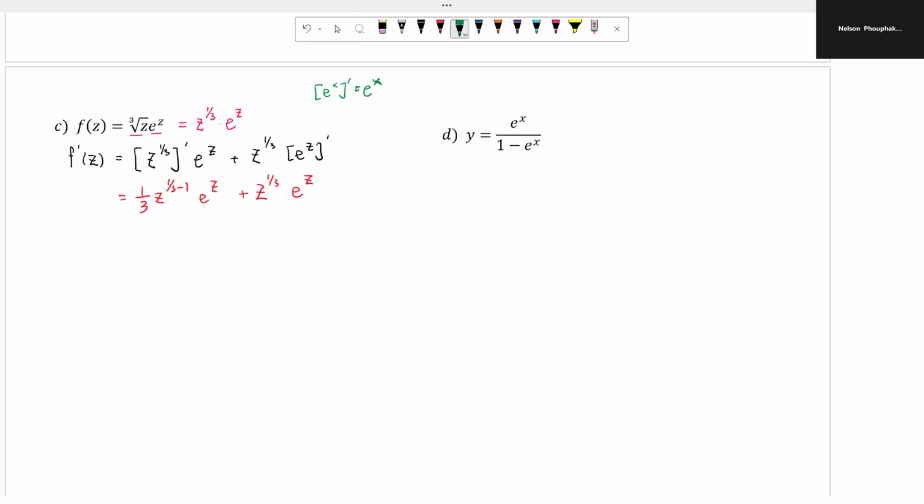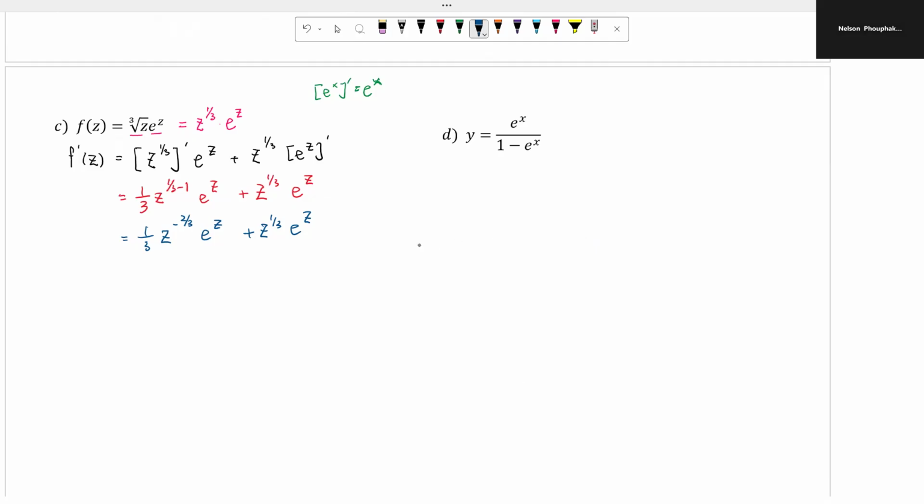And now I will have 1 over 3 z to the negative 2 over 3 e to the z plus z to the 1/3 e to the z. So right now, again, we are done with the derivative, okay? But right now, you will see that we have some like terms.